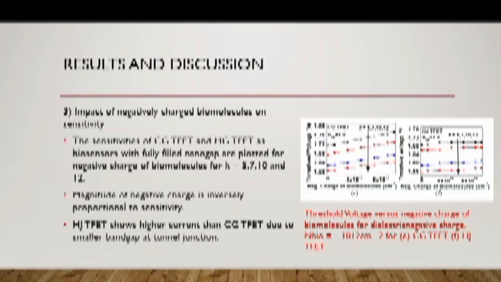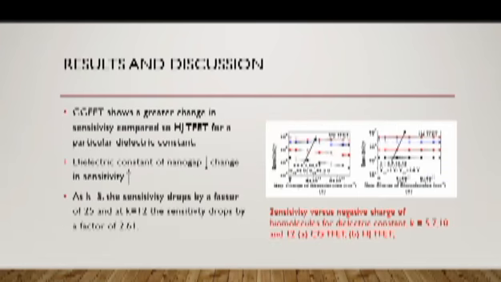The third result is about the impact of negatively charged biomolecules on sensitivity. Here, we can see the graph that shows the relationship between the negative charge of biomolecules and the threshold voltage of CG-TFET and HJ-TFET. HJ-TFET has higher current compared to CG-TFET due to its smaller band gap at the tunnel junction, which leads to reduced tunnel width and high overlap of valence and conduction bands. Here, we can notice that as the magnitude of negative charge increases, the sensitivity decreases.